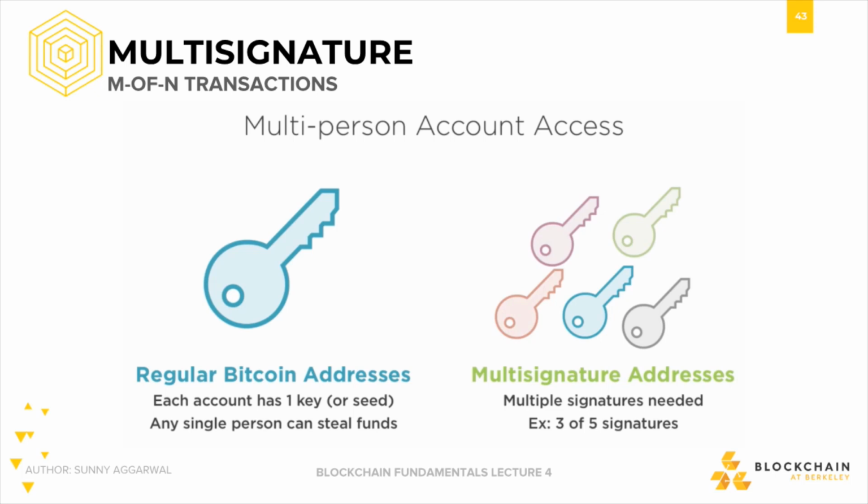And then the next thing I want to talk about is multi-signature transactions. We briefly covered this in the last lecture, where we talked about how in Bitcoin script we can denote a multi-signature transaction. Some wallet software have implemented the idea of being able to send these types of transactions through just the wallet software.